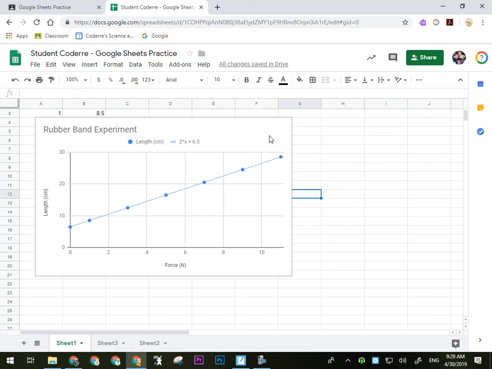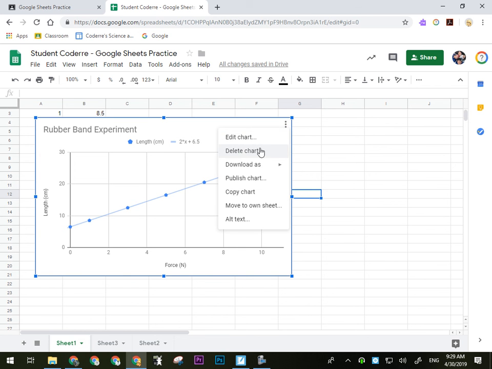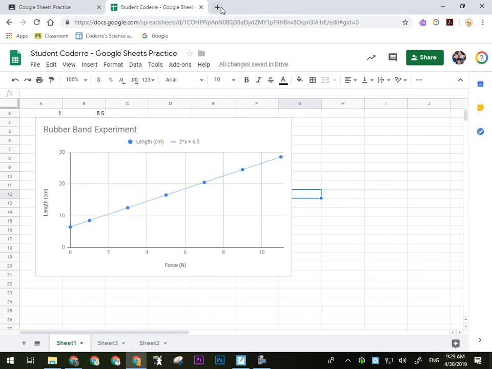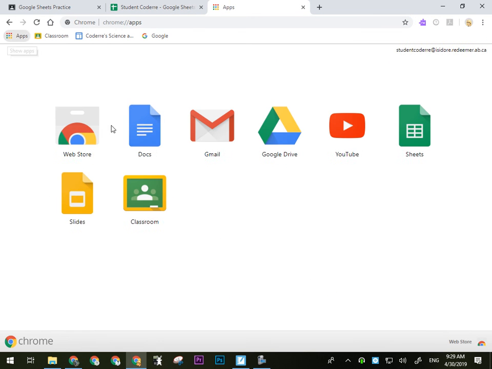So now if I was putting this into a lab report, I would just click on the three dots here, go copy chart, and then put it into a Google Doc. If I had a doc open, holy smoke, so slow.